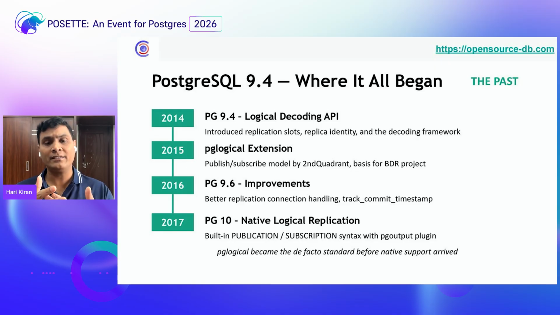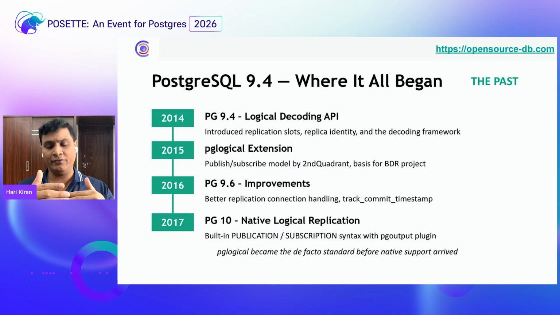But here are the things 9.4 gave us, right? The API, but not the complete feature set. There was no built-in CREATE PUBLICATION. There was no CREATE SUBSCRIPTION, no publication on the source, and subscription on the target side, right? We always needed an extension, like I mentioned, pglogical and pglogical_output. That's where the extension pglogical came up, right?